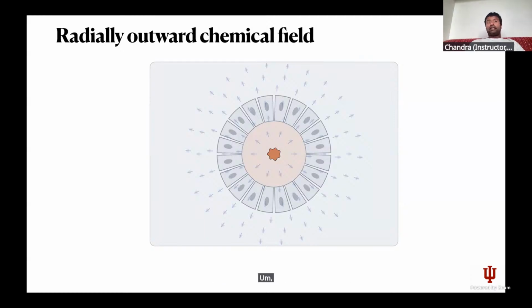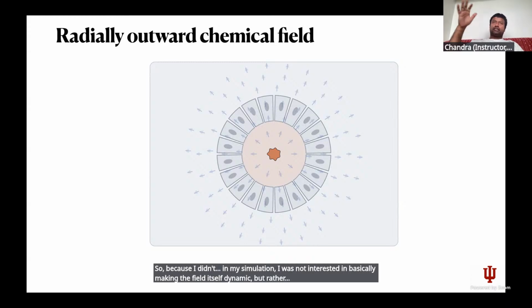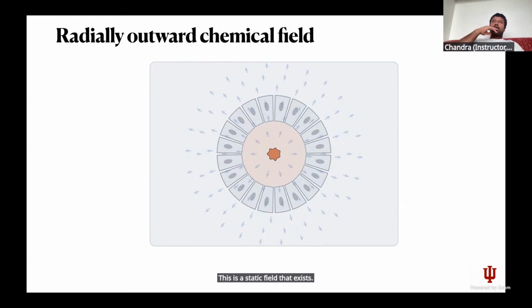There are probably ways to code this to have this field, but in my simulation I was not interested in making the field itself dynamic, but rather this is a static field that exists.